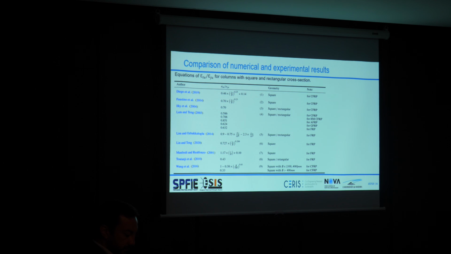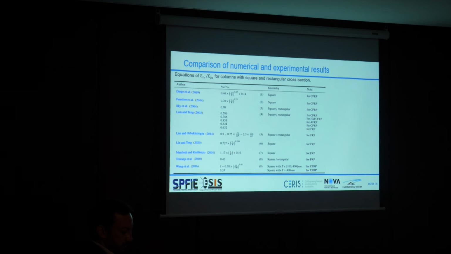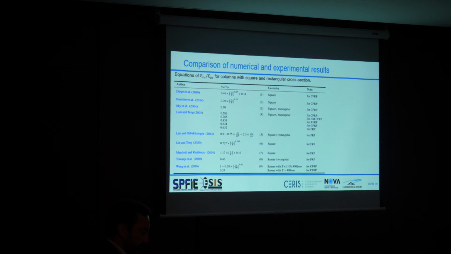So some researchers try to find equations, or just a constant, that could tell us what constant we have to apply to the value of the manufacturer. So we can take advantage of our FRP. Thank you. Okay, fine.